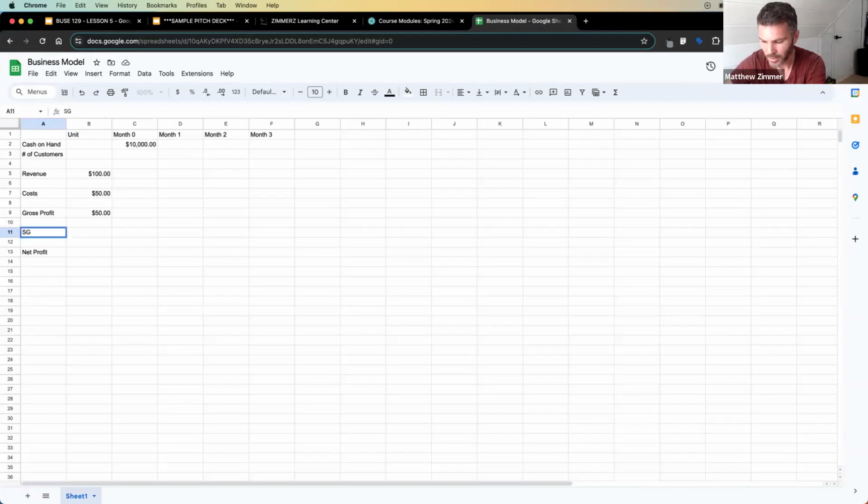That's generally called SG&A. And we're going to say that we've got $1,000 of costs that we just are going to have to pay regardless of what happens, that are not included in our unit economics. All right. So that's not really in my unit economics. I'm actually going to put it over here.